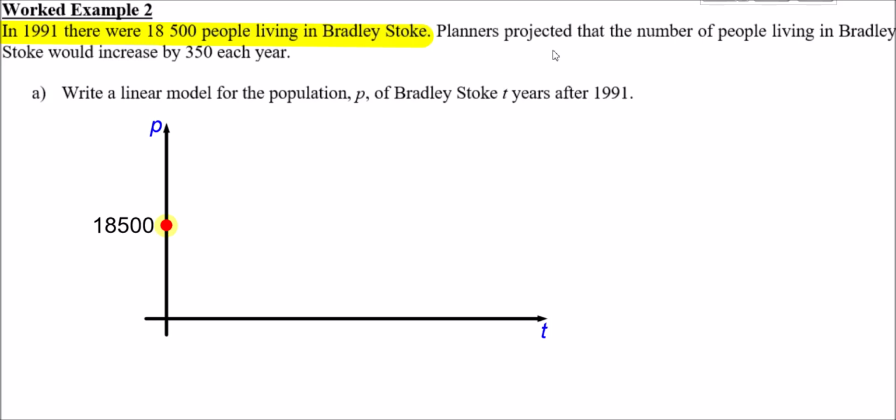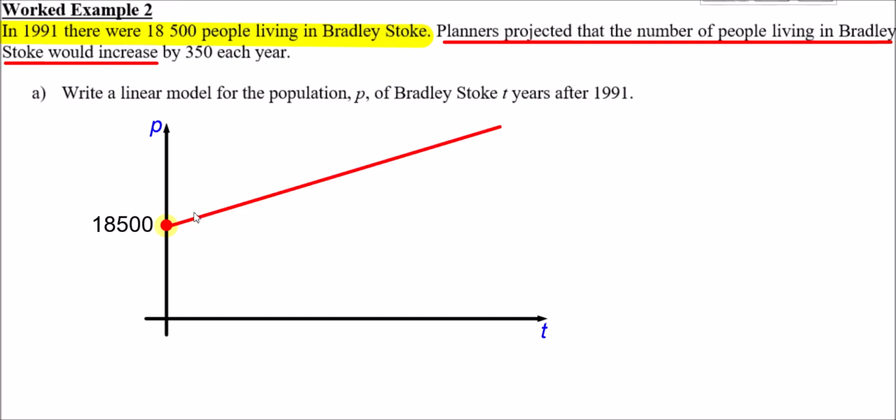There's also something else we've been told as well. So planners project that the number of people living in Bradley Stoke would increase. So I'm just going to underline that. So the population we're planning is going to go up. So it's going to be a line going upwards with a positive gradient because we're talking about a population increase. So generally the line's going to be heading up rather than heading down.